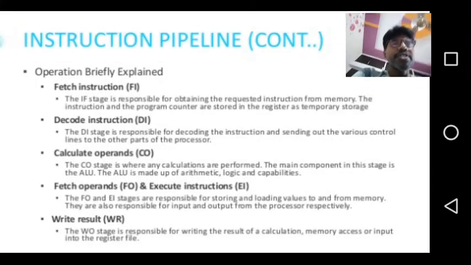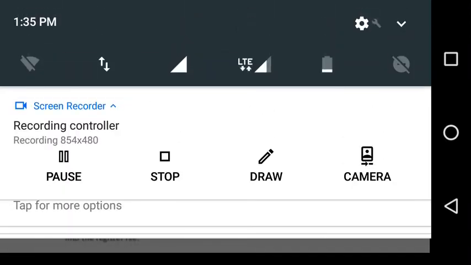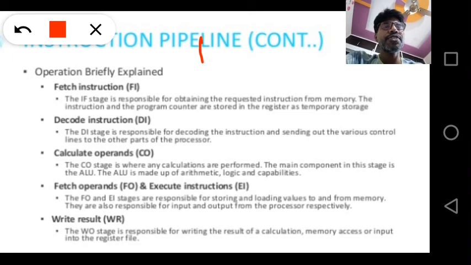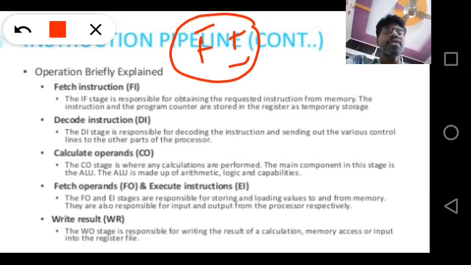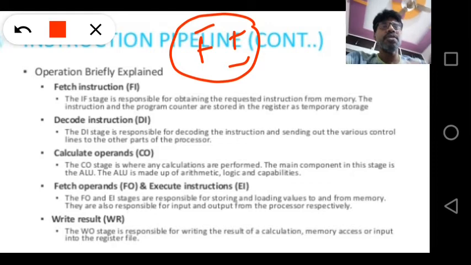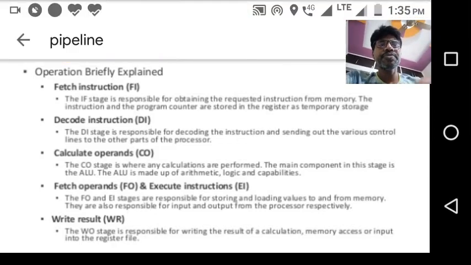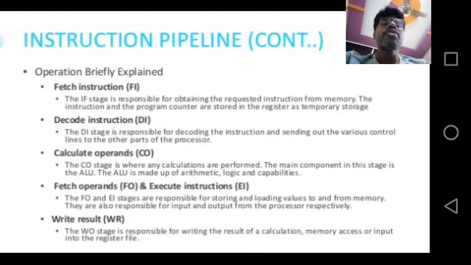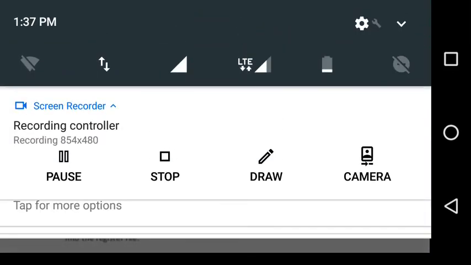Now let us try to understand the instruction pipeline. First stage is fetching of an instruction. So we try to understand the operations of these 6 stages.